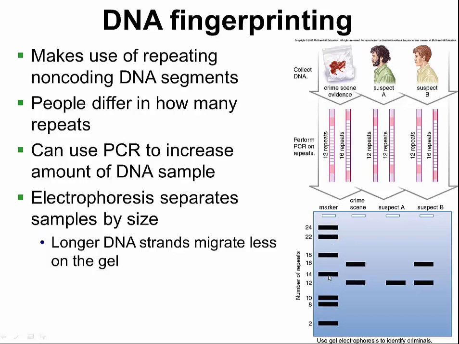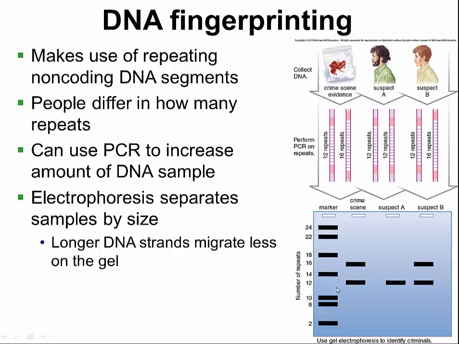For instance, this one is 14 repeats, and we know that that's the 1, 2, 3, fourth one down, so we know by looking at our information on our ladder that this particular band has 14 repeats. We notice that these unknowns are a little bigger. We know this is about 16 because it's a little bigger than 14. This one's about 12 because it's a little smaller than 14.